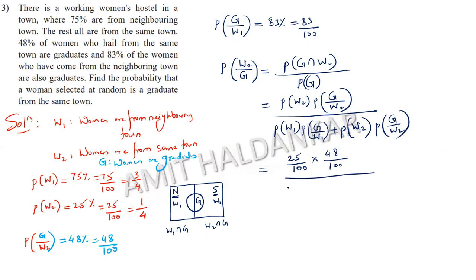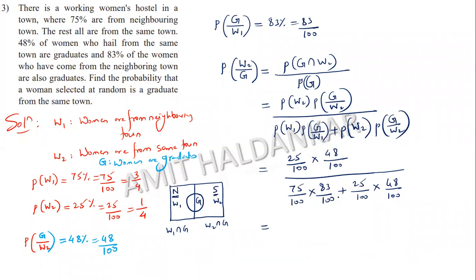Then P of W1 is 75 by 100 into P of G by W1 is 83 by 100, plus P of W2 is 25 by 100 into G by W2 is 48 by 100.